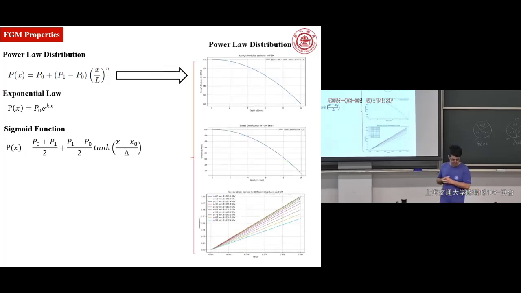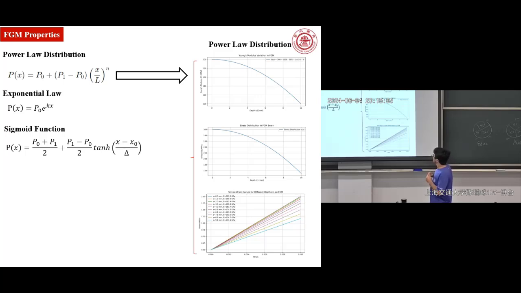So, for example, in power law distribution, the mechanical behaviors, especially in stress to height or depth of the structure. For example, in these plots are showing mechanical behaviors of cantilever beam used by FGM material in power law distribution.